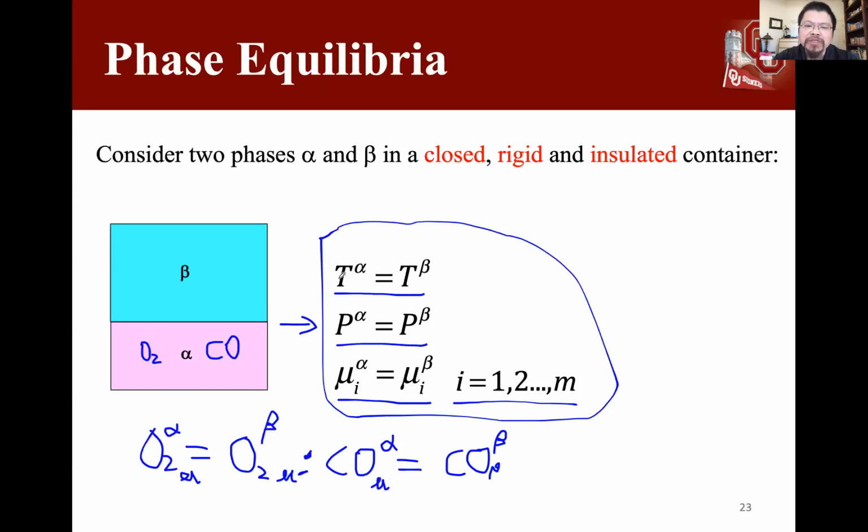If you see a temperature gradient, if you still see a pressure gradient, or if the chemical potential of oxygen in the alpha phase is greater than the chemical potential of the oxygen in the beta phase, even if you have satisfied carbon monoxide, but oxygen is not at equilibrium, then the whole system is not at equilibrium.